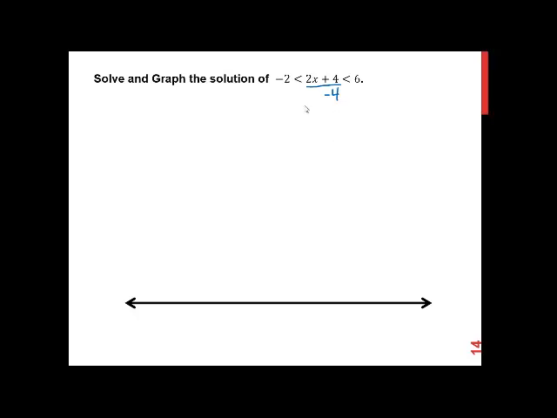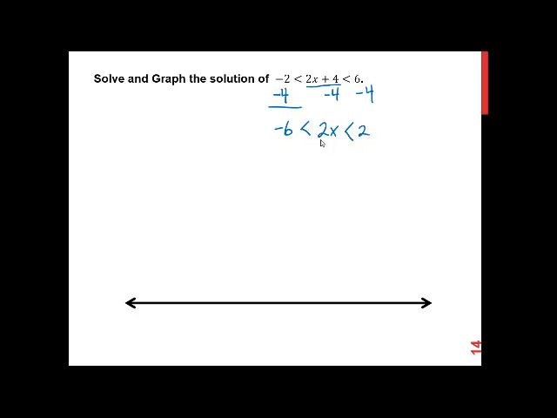And I'm going to do that just the same, except if I do it to the middle, I also have to do it to the left end and to the right end. So negative 2 minus 4 gives us negative 6 is less than 2x is less than 6 minus 4 is 2.